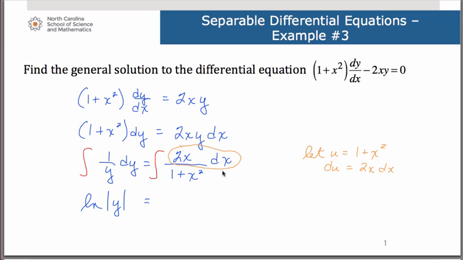So in place of 2x dx, we can substitute du, and we have a u in the denominator in place of 1 plus x squared. If we simply rewrite the antiderivative we are taking on the right side of the equation, then we end up with the antiderivative of 1 over u du.